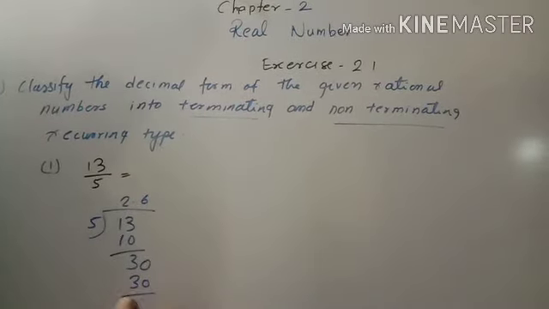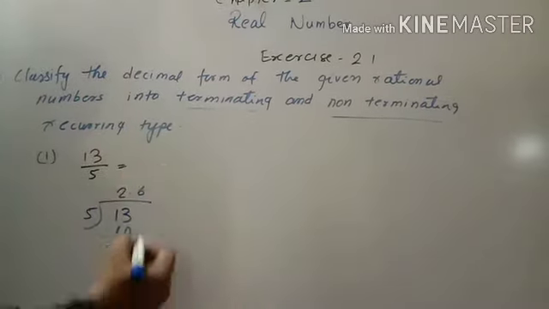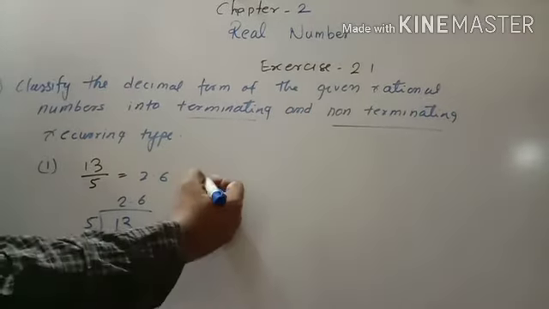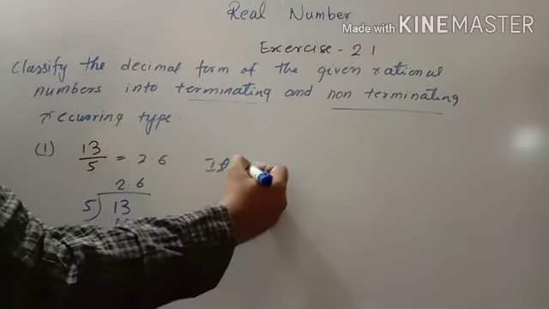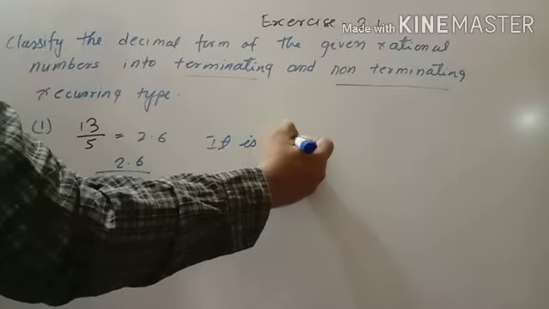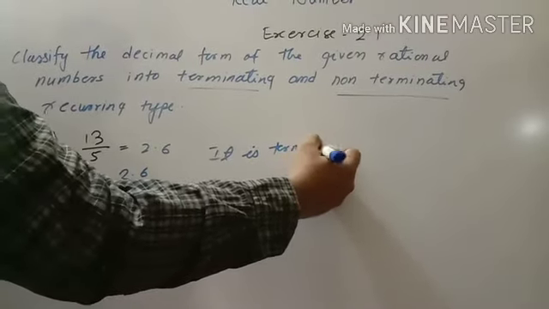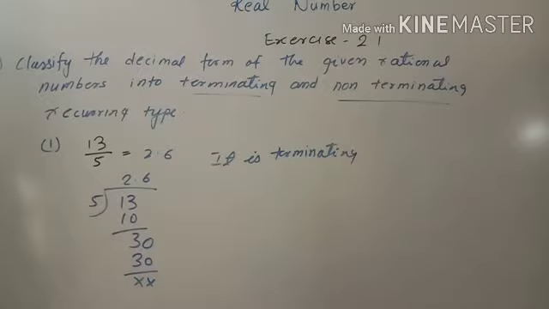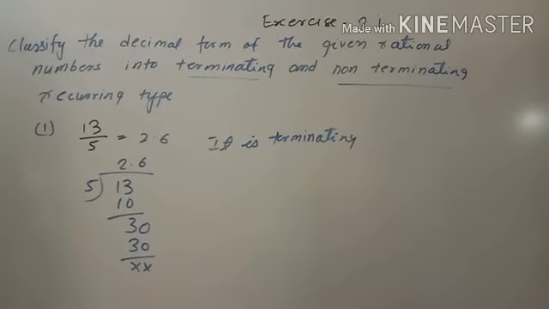The remainder is 0 and therefore it is terminating. 2.6 is the answer. It is a terminating decimal.